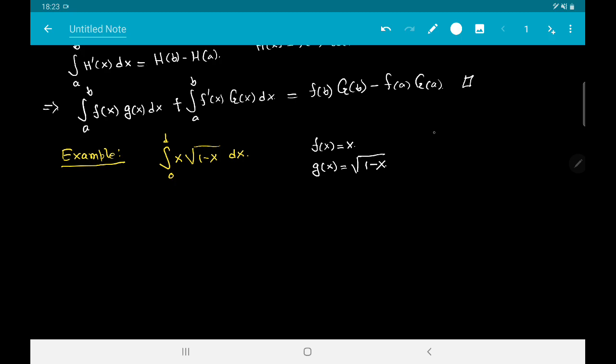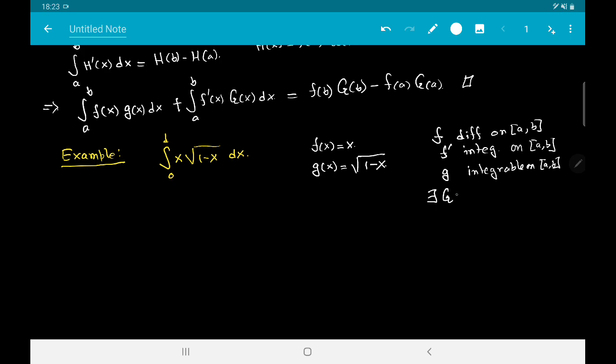So remember, we wanted f to be differentiable on [a,b], f prime integrable on [a,b], g should be integrable on [a,b], and there should exist a differentiable function big G such that G prime is equal to g on the closed interval [a,b].